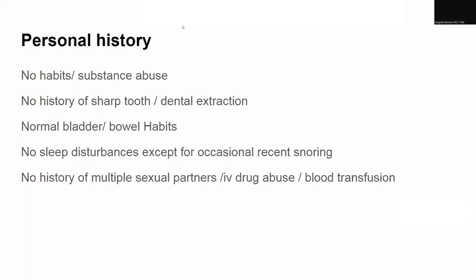Coming to personal history, patient did not give any history of habits or substance abuse. There is no history of any sharp tooth or dental extraction. The patient has normal bladder and bowel habits. There is no history of any sleep disturbances except for occasional recent snoring. There is no history of multiple sexual partners, IV drug abuse, or blood transfusion.